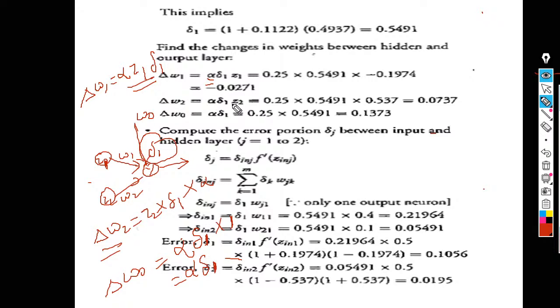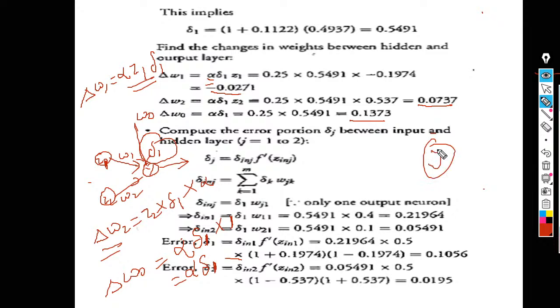If you see here, delta w1 is calculated and this is minus 0.027, then delta w2 is calculated and that is 0.0737, and delta wo is calculated as 0.1373, right? Now this task is done at the output side.